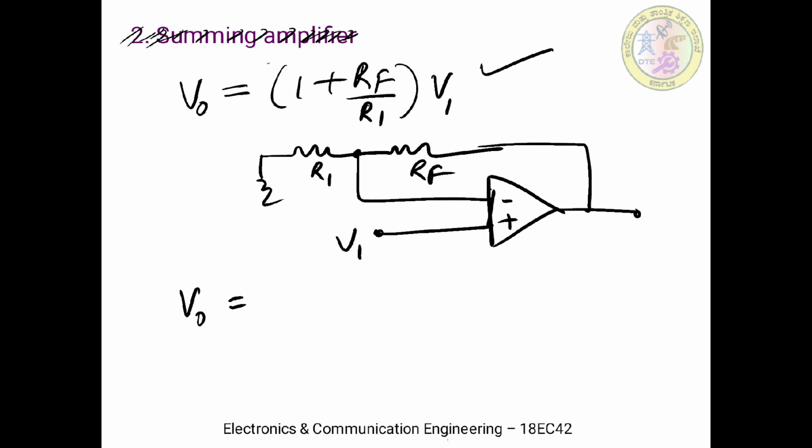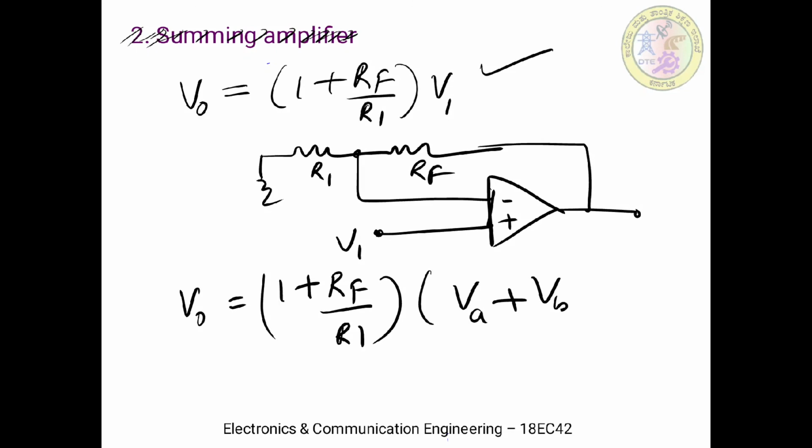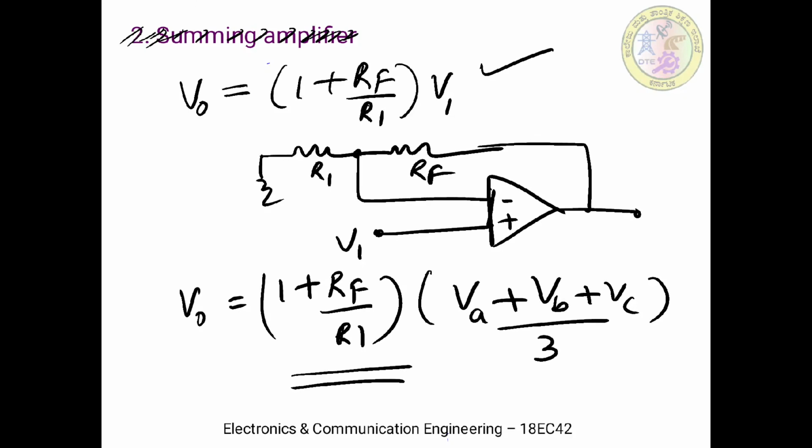So by substituting V1, we get (VA plus VB plus VC) divided by 3. This is the final output voltage in the non-inverting configuration applied with the 3 inputs. This final equation shows that the output voltage is equal to the average of all the input voltages times the gain of the circuit.